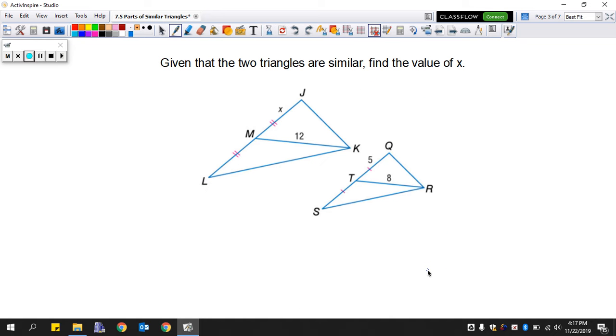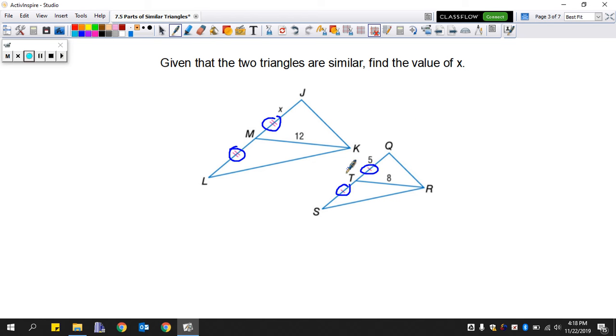Given that two triangles are similar, find the value of x. Once again, we notice here that this is the median, because these two segments on either side of the line are congruent to each other. Same thing with the other one.